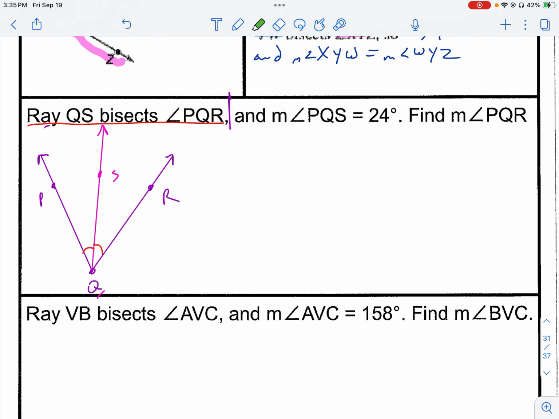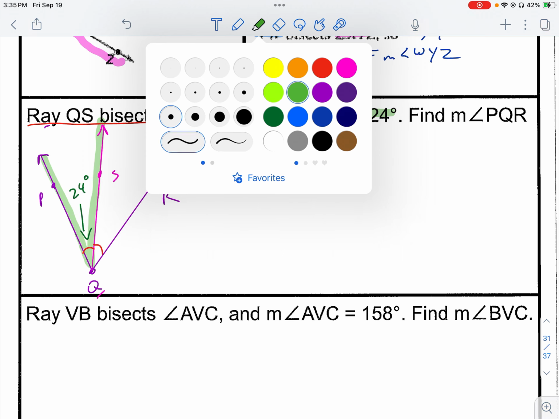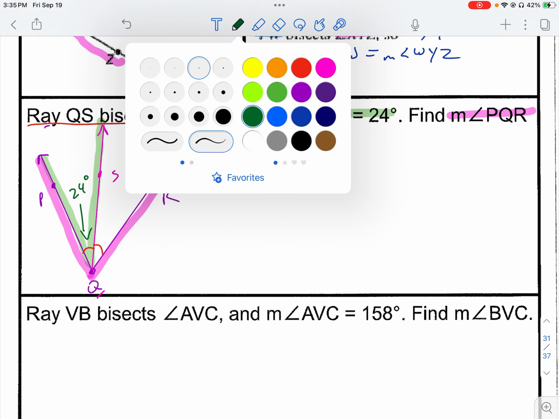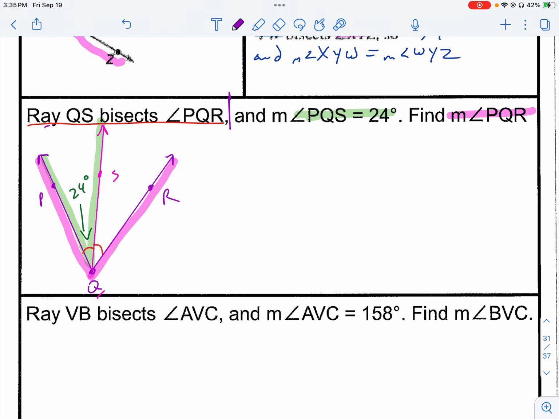Let's do this one. PQS is 24 degrees. So right here is PQS, and it's 24 degrees. Okay, find the measure of PQR, which is going to be this whole thing. So I always like to start at the beginning.